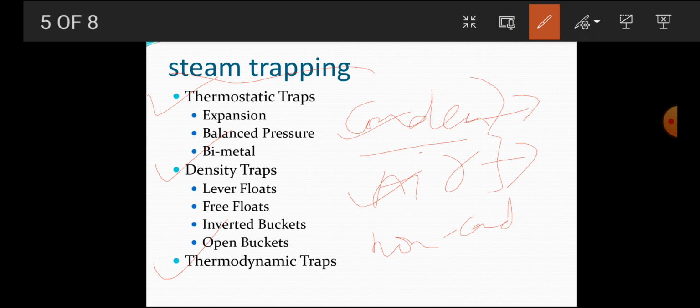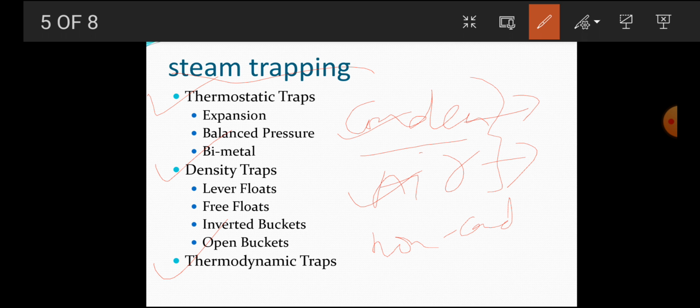We will see all three traps one by one. Thermostatic traps sense the temperature difference of the entering fluid, and based on that principle they act.